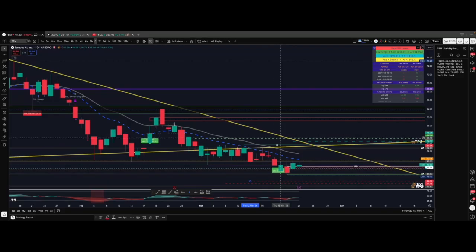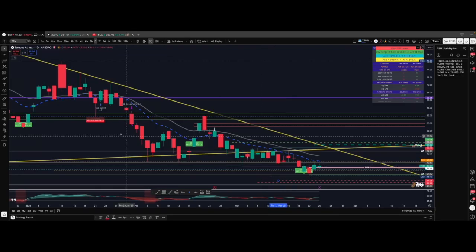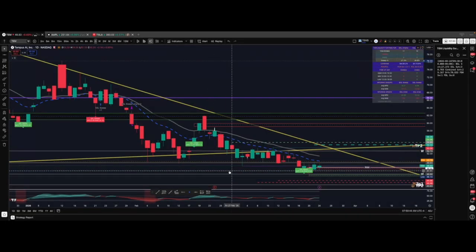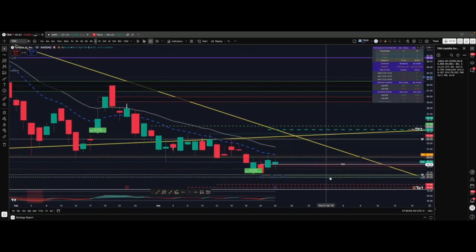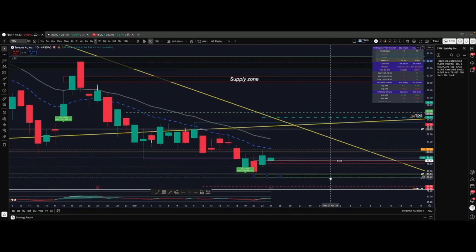So on a day chart, I go with white lines. And let's get some of these guys out of here. Okay, I think that's for the most part out of there.